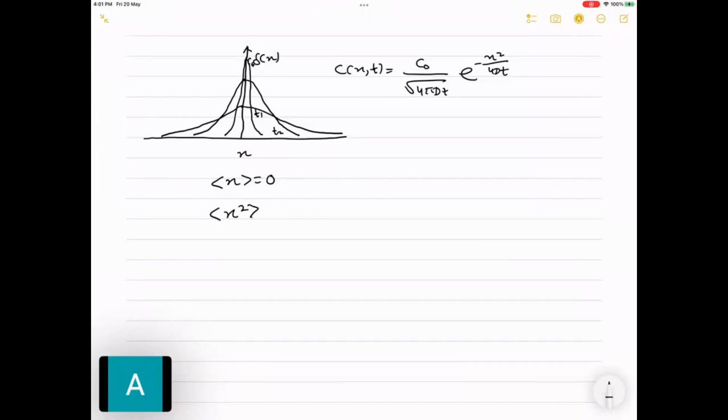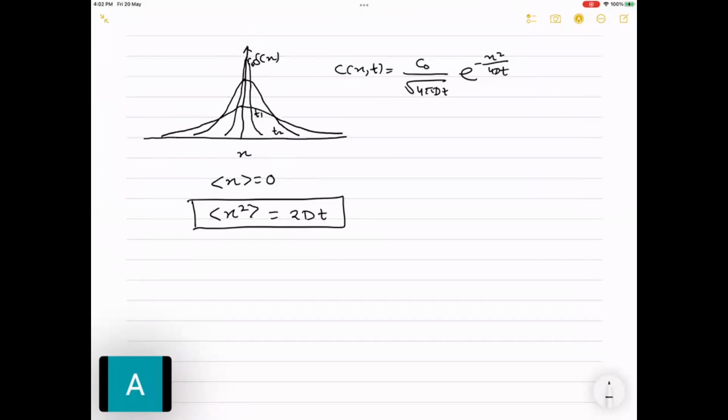And if we calculate the mean square displacement for this kind of system, it will come out to be 2Dt. If this is the equation in the probability density, you can verify it. So this is what you are going to get for the case of one-dimensional diffusion, when things are diffusing only along the x direction.